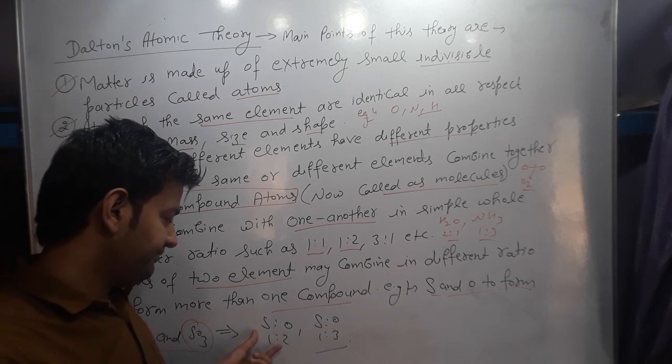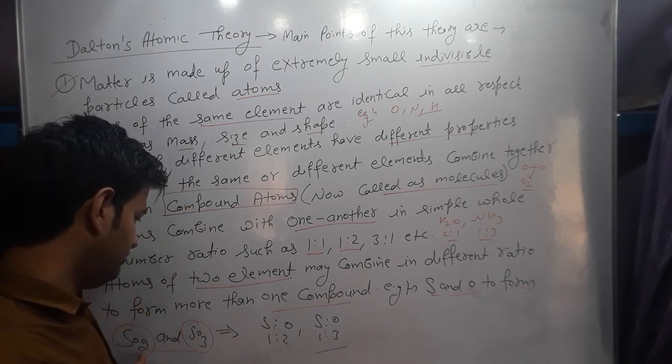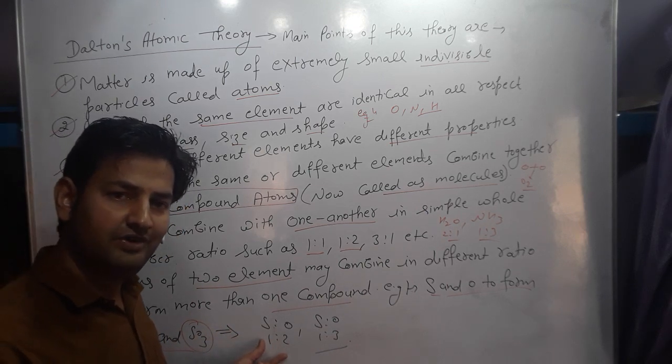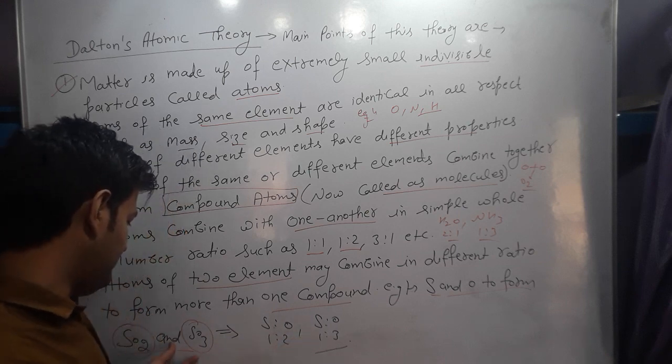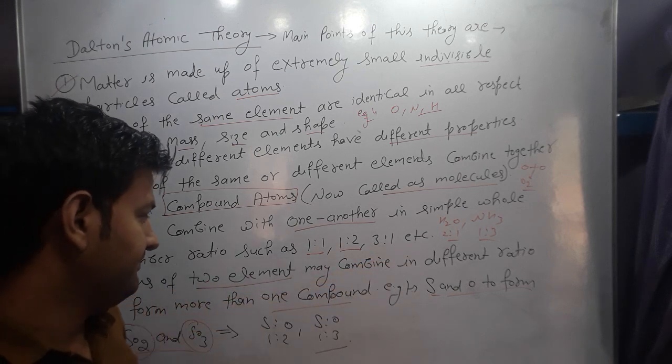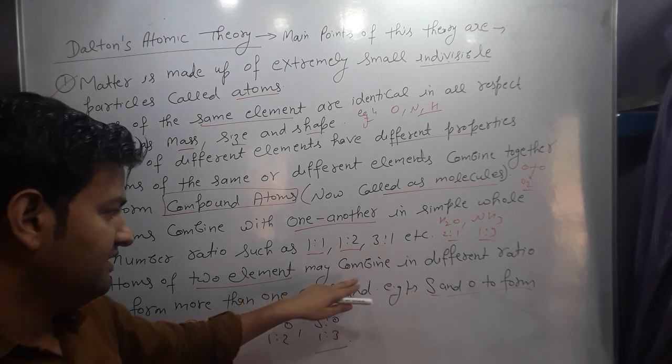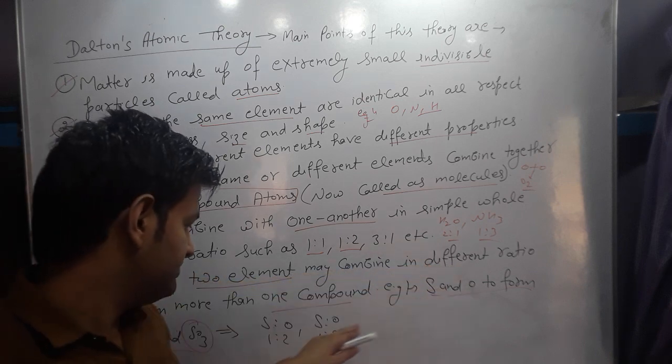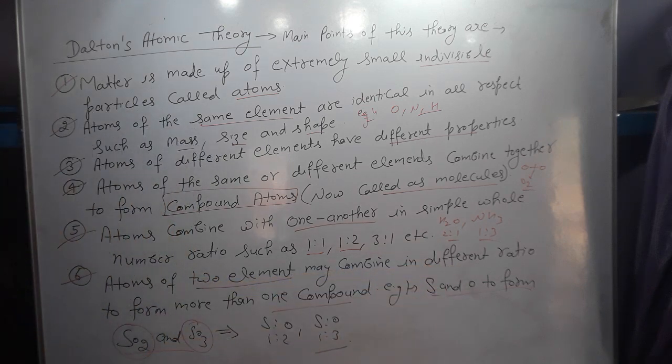Sulfur dioxide is SO2, and the ratio of combining atoms is 1:2. In the case of SO3, it is 1 sulfur atom and 3 oxygen atoms. So atoms of two elements may combine in different ratios and form more than one compound. The example is sulfur and oxygen.